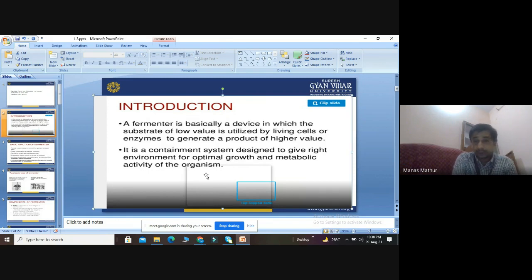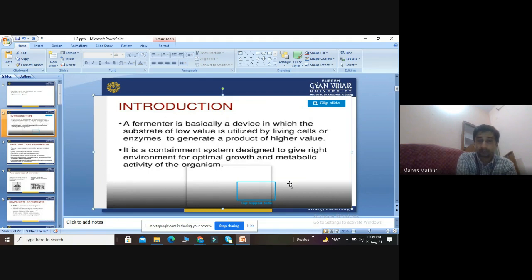So it is a containment system. A fermenter is designed in such a way that it gives the right environment for optimum growth and metabolic activity of the organism.